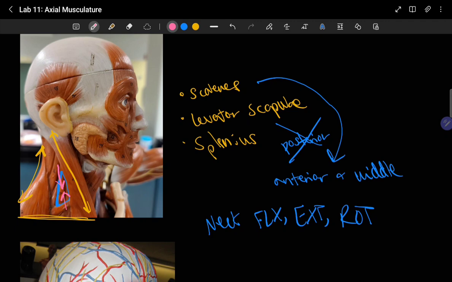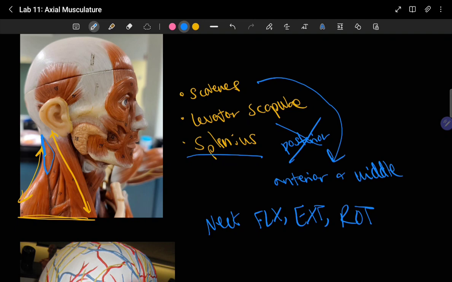Our splenius is going to be the most posterior of the neck. So let's get this out of the way. So if we skip some of the muscles in the middle, this little triangle of muscle up here is our splenius muscle. And technically there are two heads, so we've got a splenius capitis and cervicis. But for this class, if you say splenius on the exam, that would be totally fine.